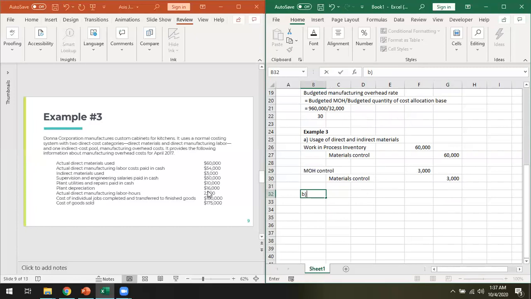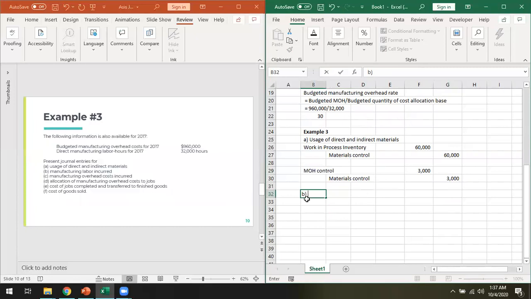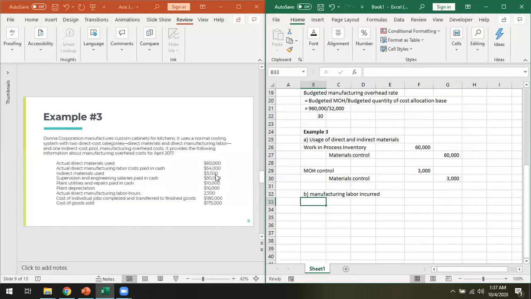So B is manufacturing labor incurred. Okay, so manufacturing labor incurred is the direct labor. Because direct labor is a direct cost, we convert it to work in process inventory. Because we pay the direct manufacturing labor cost with cash, the credit will be cash control.